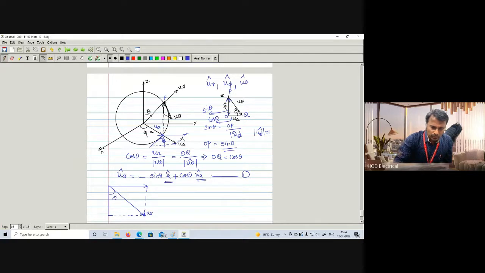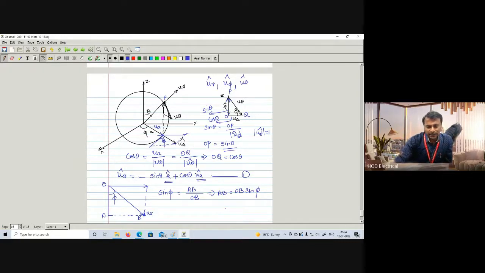So now we can write it as this side. Maybe you can take this triangle OAB. So sine phi equal to AB by OB. That gives AB equal to OB into sine phi.